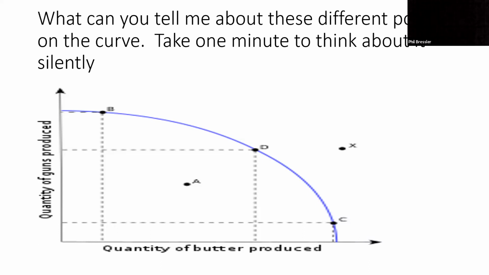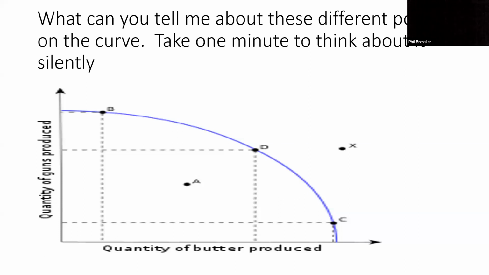If resources are not easily adaptable, what else happens? Anyone? Okay, opportunity cost increases. Good job, Timothy. So when you see a bowed out curve, resources aren't easily adaptable and opportunity cost increases.